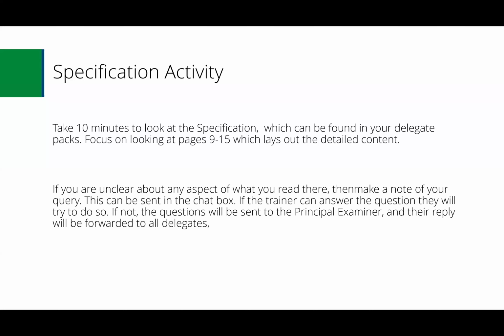So I'll just give you 10 minutes to look at the specification itself. Here we have a focus on pages 9 to 15. So if you can turn to pages 9 to 15, and then I'll walk through with that.